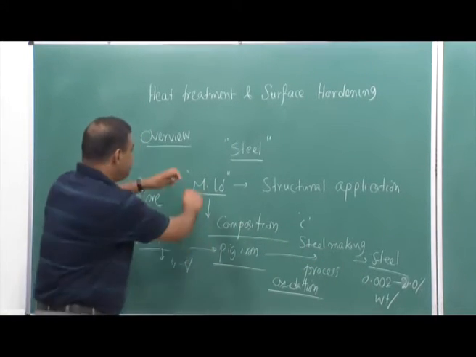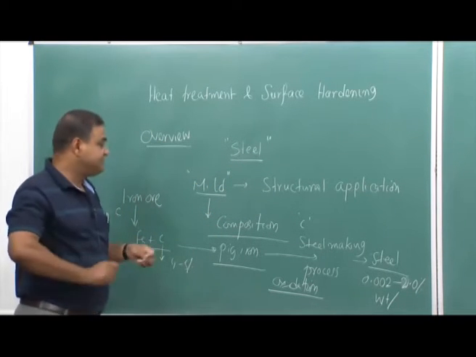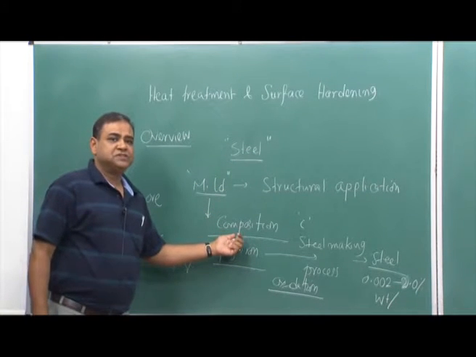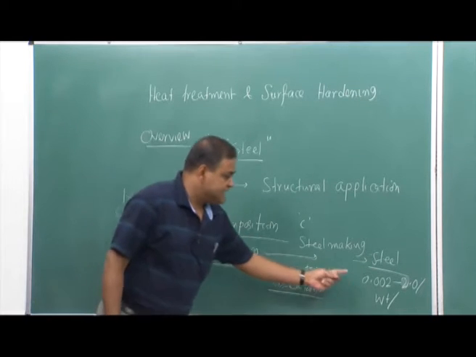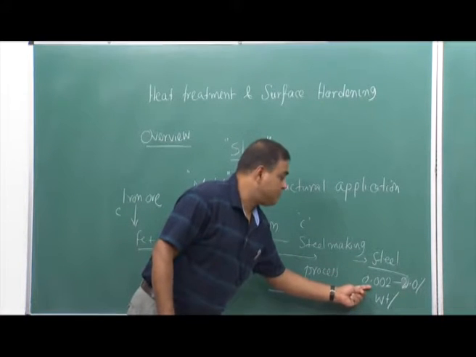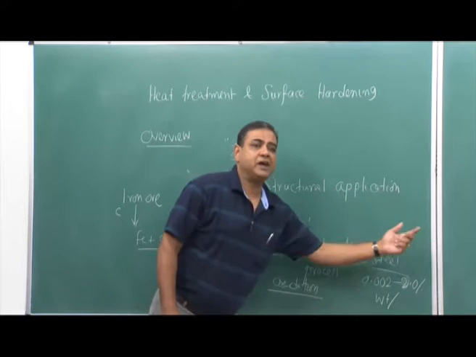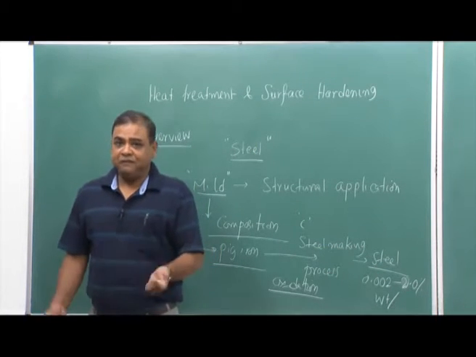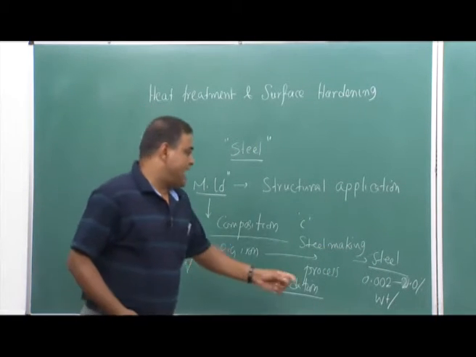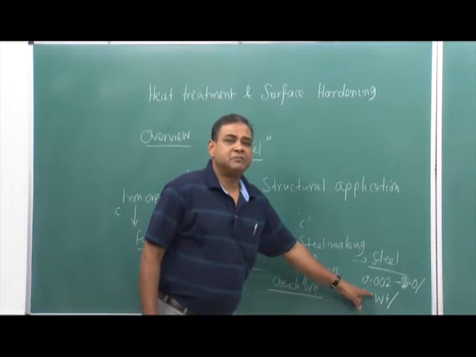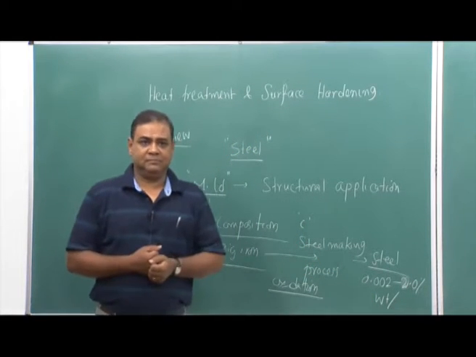Now, from this discussion, we see that composition is a factor, because if we change carbon from very low carbon to very high carbon, the properties differ. A very low carbon steel becomes very malleable.